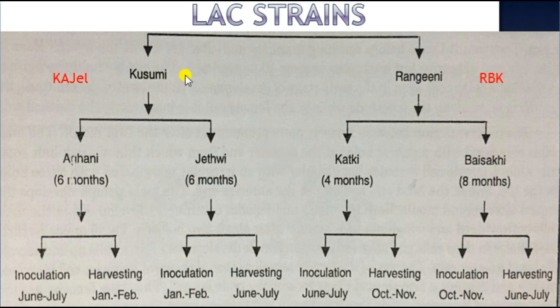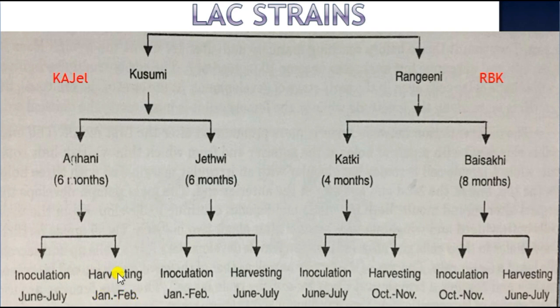So combining these two strains, we will have four seasons. In case of Kusmi, there are two crops, Aghani and Jethvi, each with a duration of 6 months. Inoculation for the Aghani crop is done during June to July and the harvesting will be done after 6 months, that is January to February.